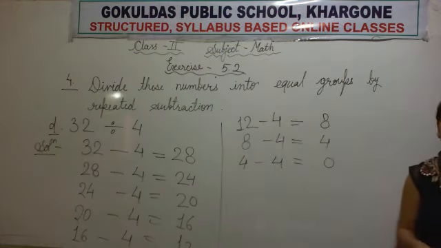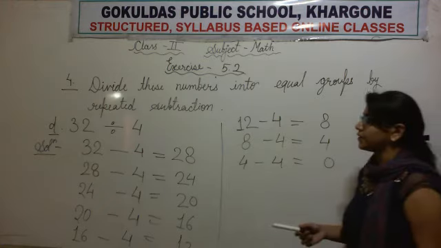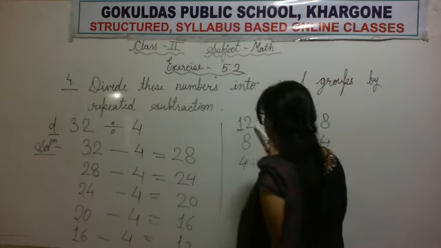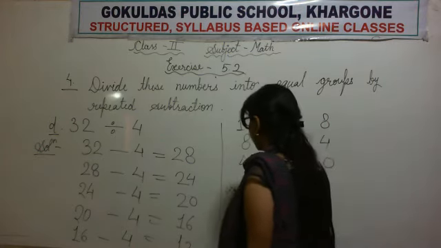We finally reached 0. So now let's count how many times we had subtracted. 1, 2, 3, 4, 5, 6, 7, 8. We had subtracted 8 times. It means our answer is 8.